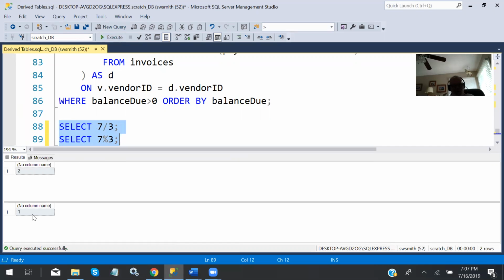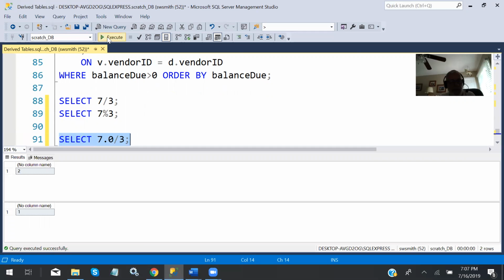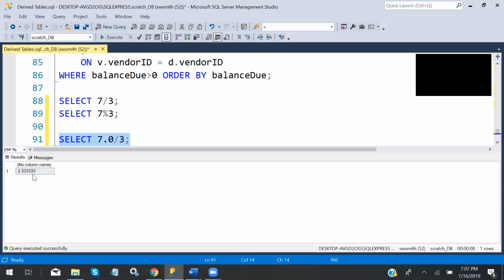If I said select, I can say something different. I can say select 7.0 divided by 3, and I think now I'm going to get a decimal, and notice I got a whole bunch of 3s there, and it just chopped it off.